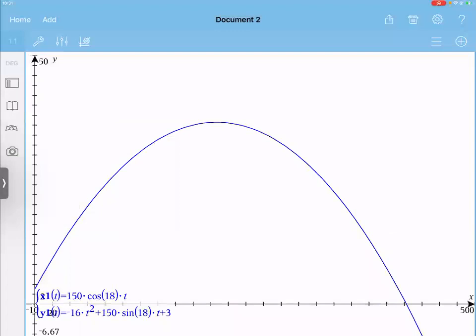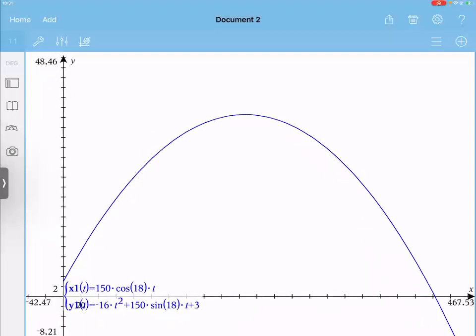That's what you will draw on your graph. Your graph may not look very nice at the beginning, so take control of the Window settings. Be aggressive at the very beginning because you want to see the entire curve. Make sure it's big enough to see the entire curve, and then you can adjust it down afterwards.